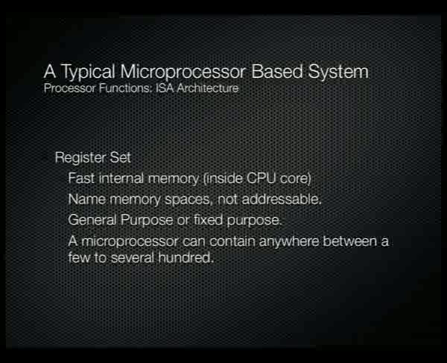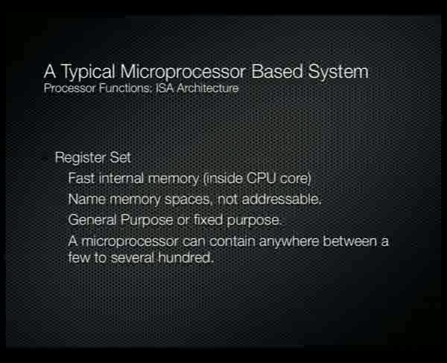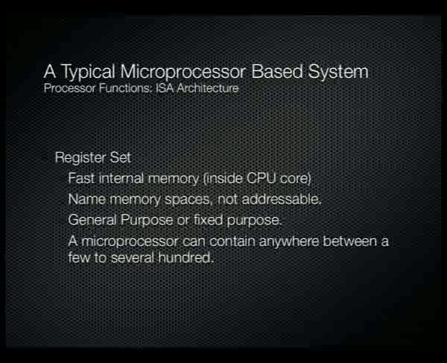A microprocessor can of course contain anywhere between a few registers to several hundred, depending on what sort of processor you're using. The Intel processors that you have inside your computer have up to about 128 registers, so quite a lot of registers inside the processor, whereas the processor that we're using inside our cores only has a small number of registers.